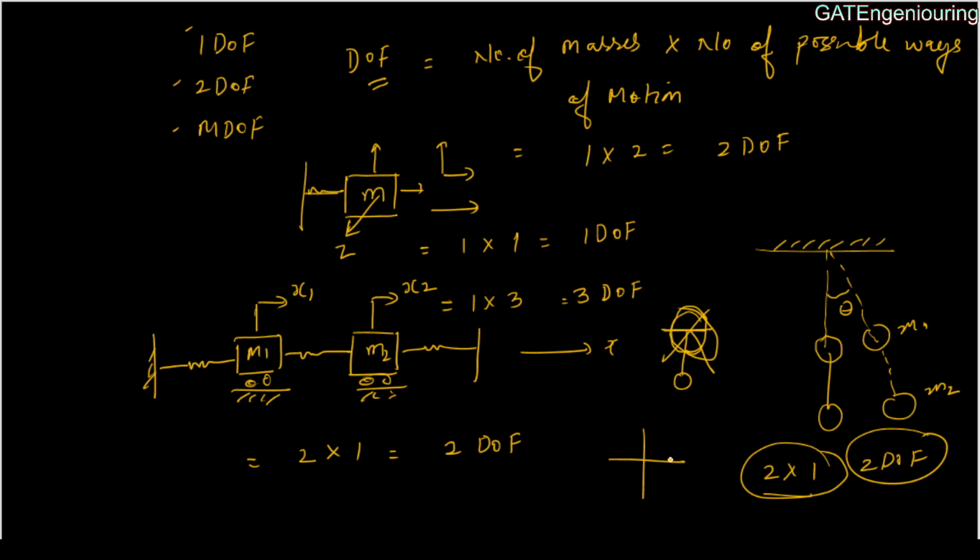So two different planes which are perpendicular to each other. If this mass is able to move in both the planes at the same time, what will be the degree of freedom of this system? The number of masses is 1 and the number of possible ways is 2. So 2 degree of freedom system. I hope now it is clear how to determine the degree of freedom of a given system.